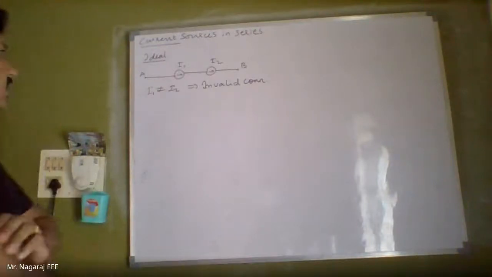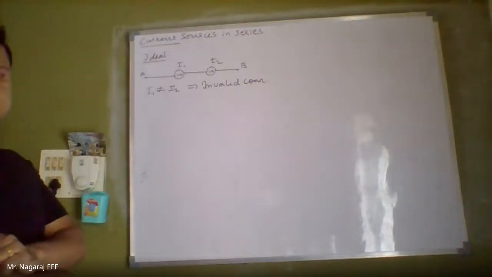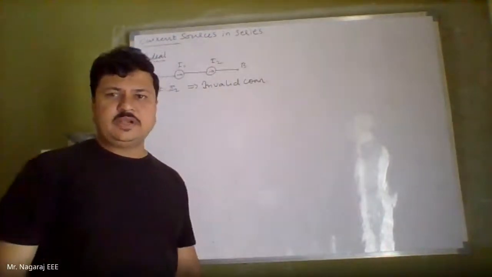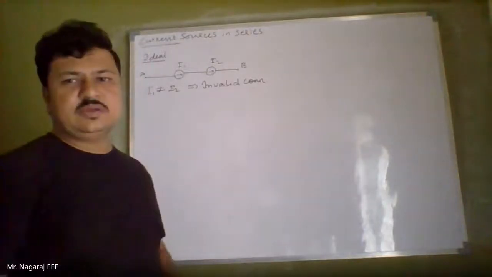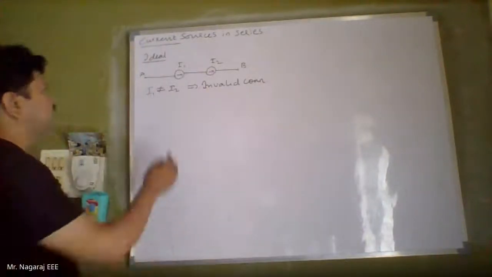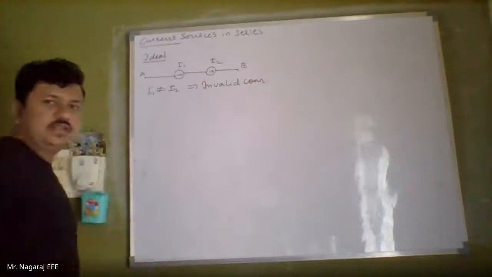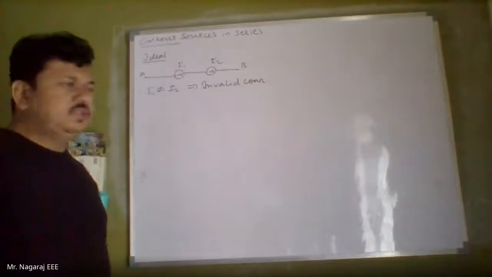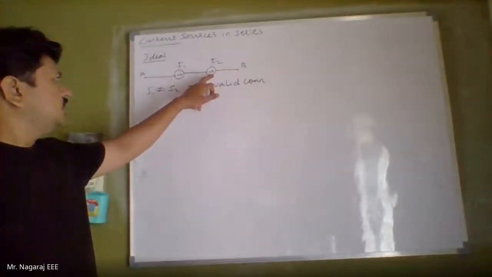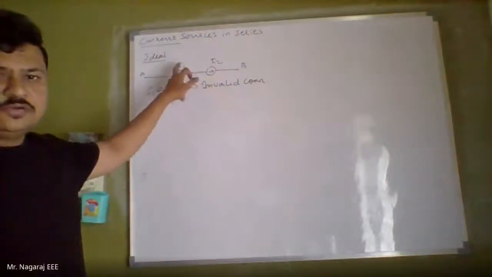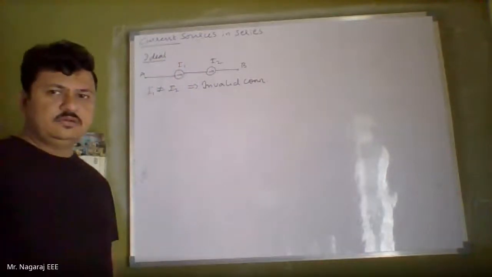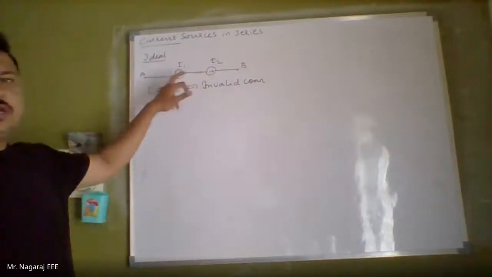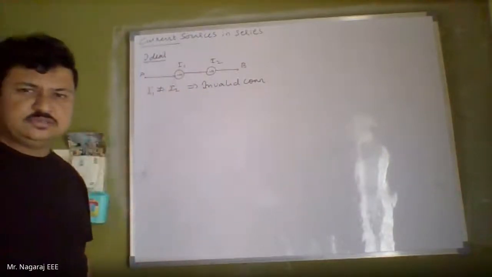Because if components are connected in series with at least one source, current or voltage, then all the components are expected to carry the same current. But here it is different. Now suppose the value of I1 is very large compared to I2. Then the second source is forced to carry the first current, and it will get damaged. If I2 is very large compared to I1, then I1 will get damaged.